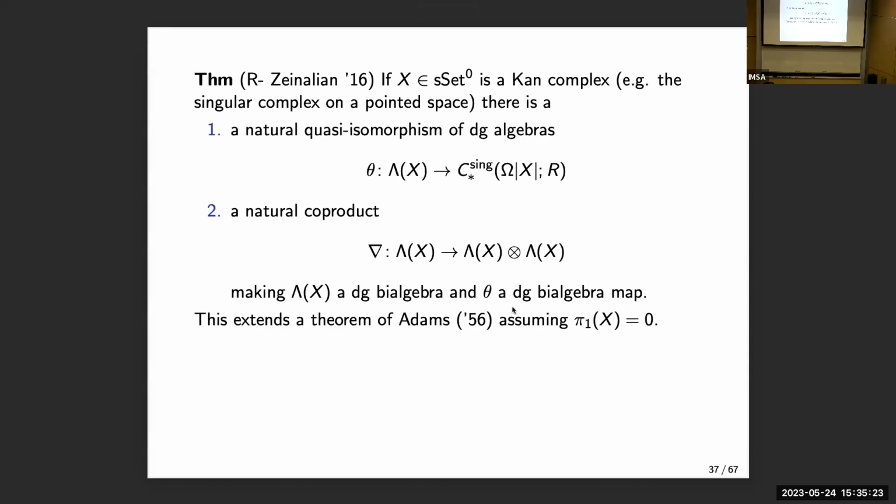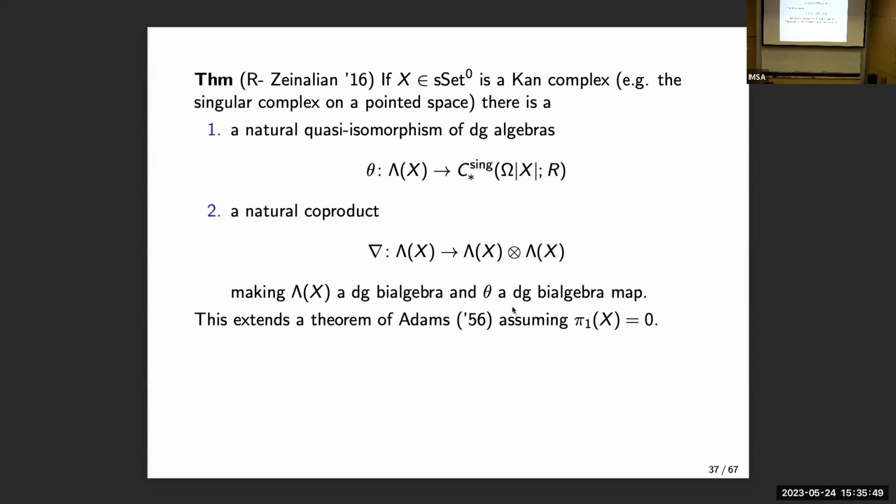This extends the theorem of Adams from 1956, where essentially the same statement was proven, assuming the space was simply connected. So essentially the same statement as Adams is true for non-simply connected spaces.